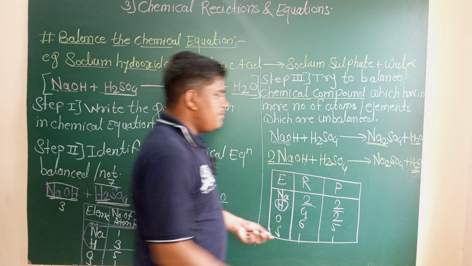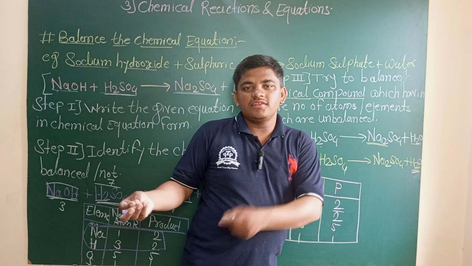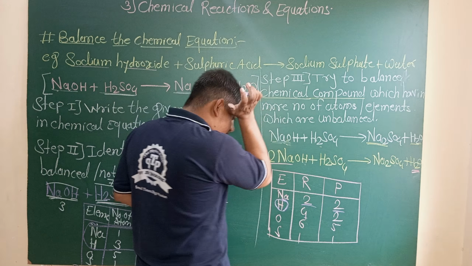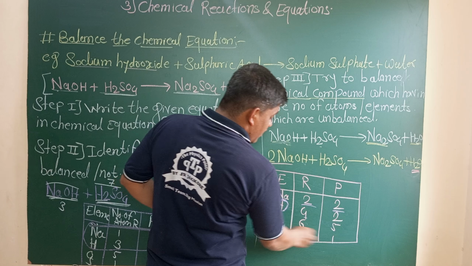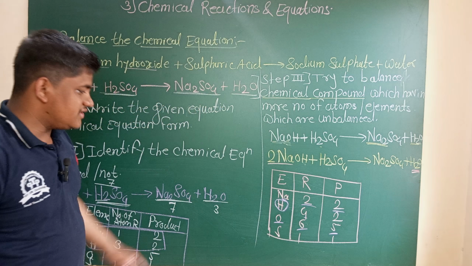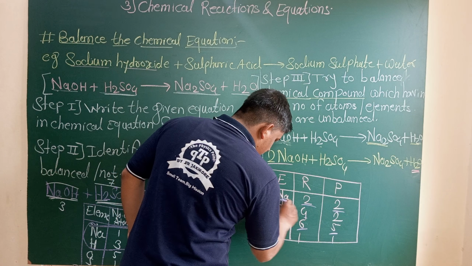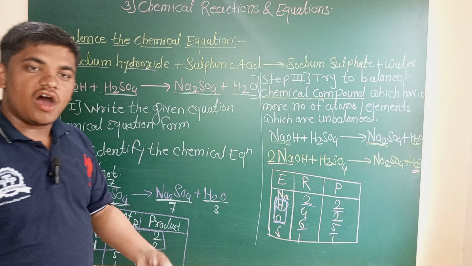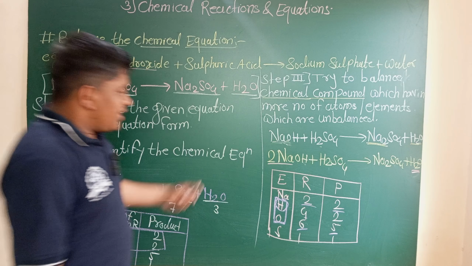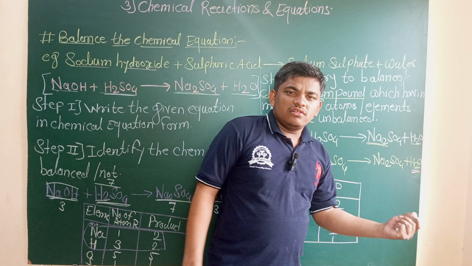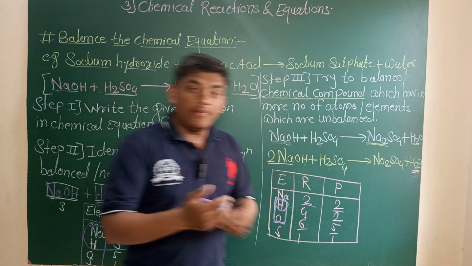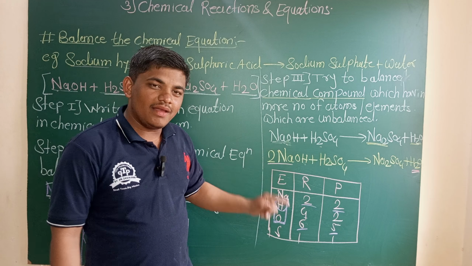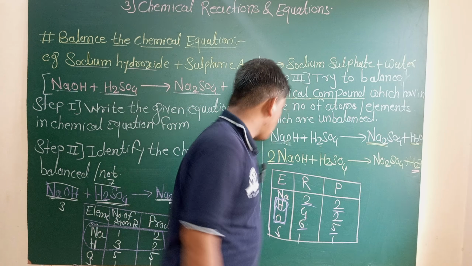First of all, when we balance one element, another element gets unbalanced. Don't worry about it. The second one, oxygen, is unbalanced and sulfur is balanced. That means in this step, hydrogen and oxygen remain unbalanced. The given chemical equation is not completely balanced, nor completely unbalanced, but intermediate between balanced and unbalanced. This is called a partially balanced equation.